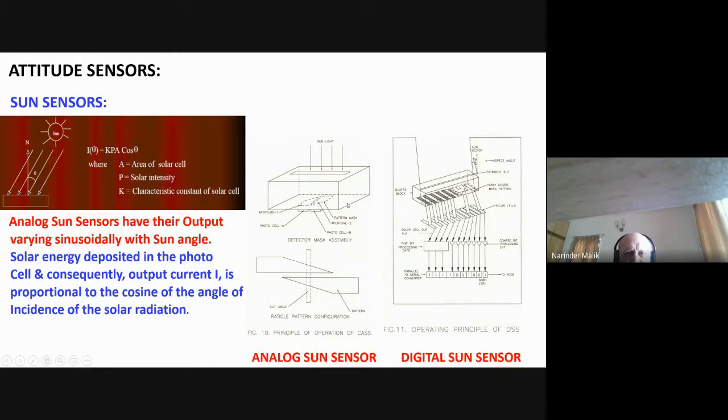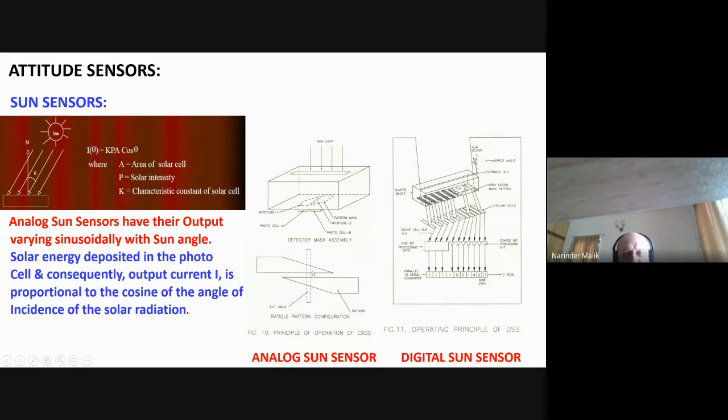Now here you look at it. This is a typical analog sun sensor. Here it has two solar cells in this particular shape, and this is a slit through which the sunlight falls. If the sunlight is falling normal, zero error, then this cell and this cell will be illuminated equally.